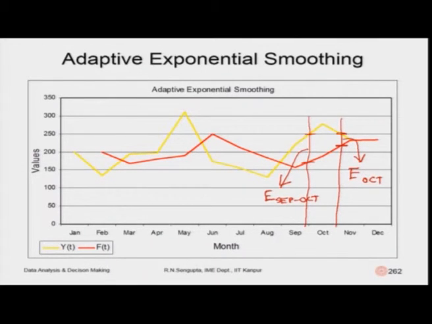Similarly, if I take month of April, so this would be the error of March to April. You are basically squaring them and basically trying to find out the sum of these errors and minimize.